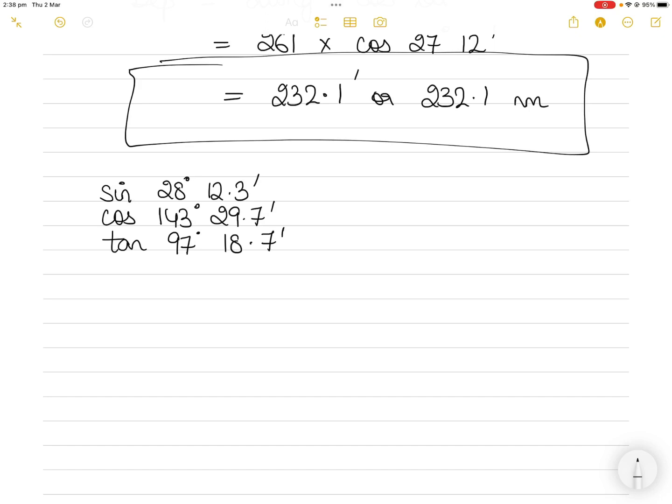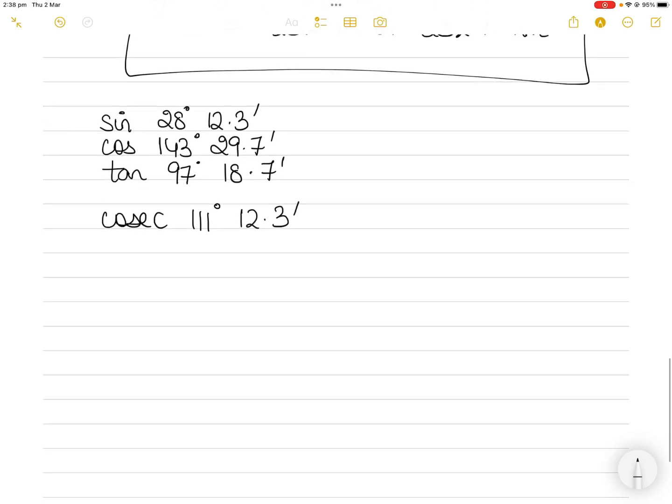Then try finding cosecant 111 degrees 12.3 minutes, secant 2 degrees 11.6 minutes, and cotangent or cot, let's say 42 degrees 13.8 minutes.